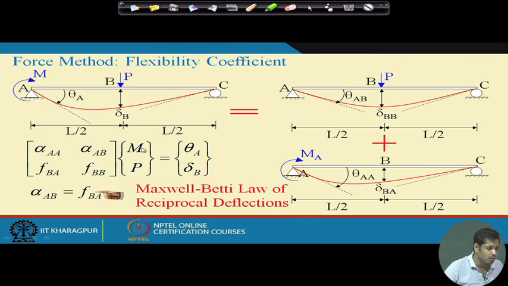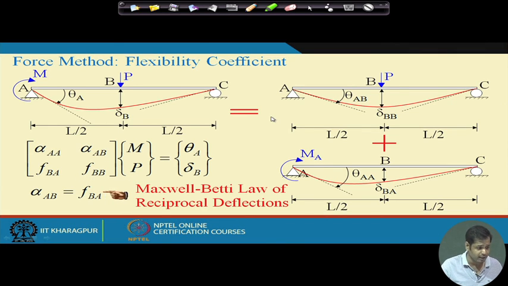So with both unit, alpha AB is the rotation at A due to unit load applied at B, and alpha BA is the deflection at B due to the unit moment applied at A, and as per the law of reciprocal deflection, they should be the same. That is why this is the same.